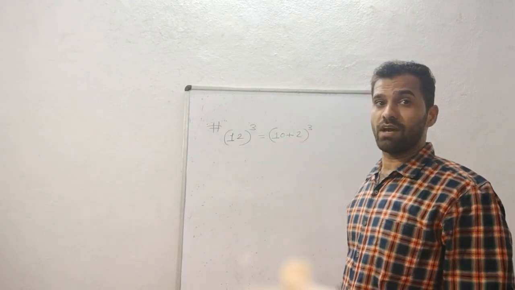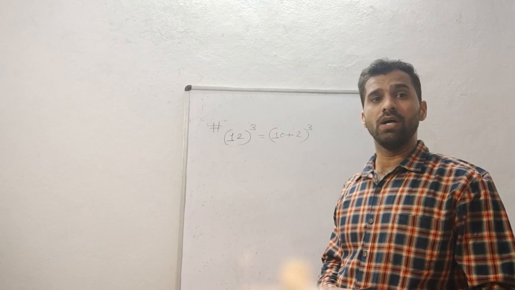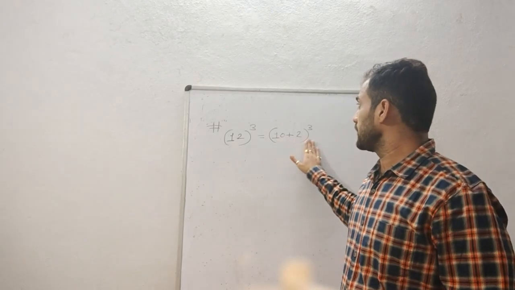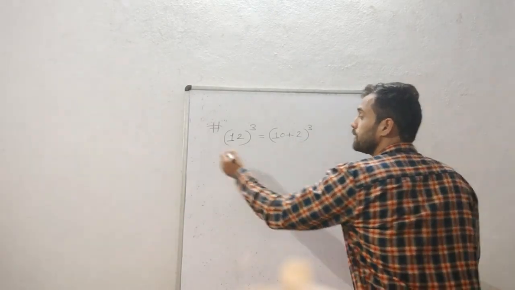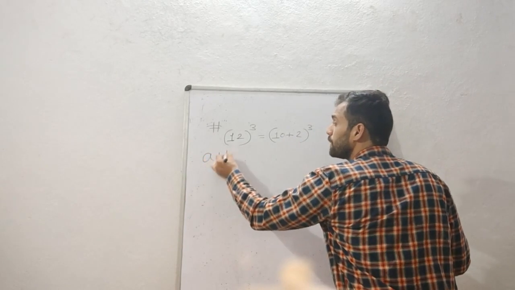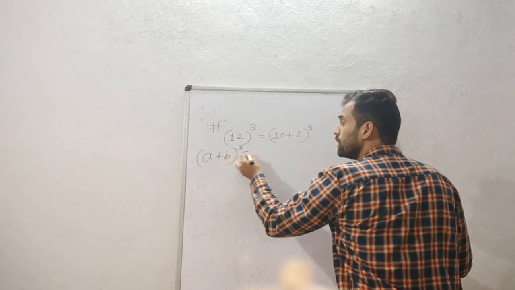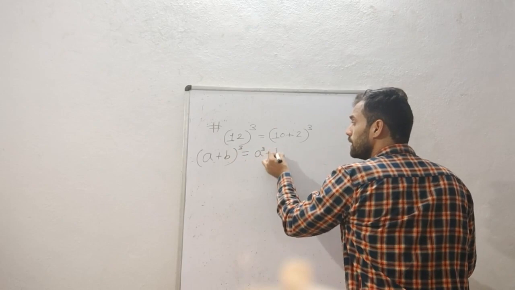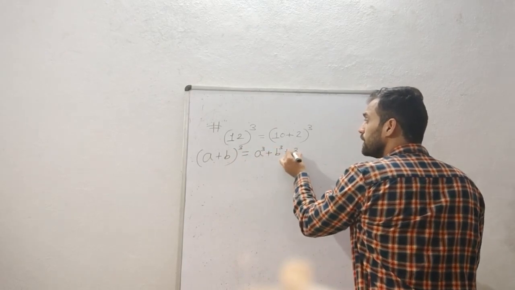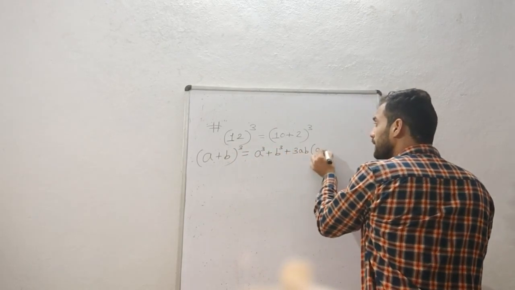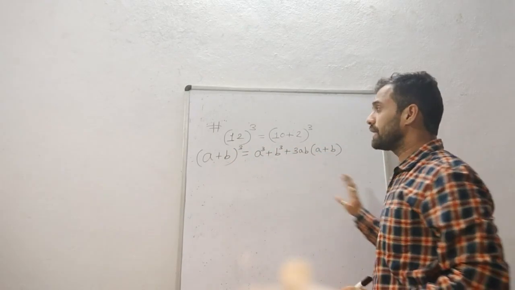In place of a we have 10, in place of b we have 2. We know that (a plus b) whole cube is a cube plus b cube plus 3ab, bracket a plus b. We know this identity.